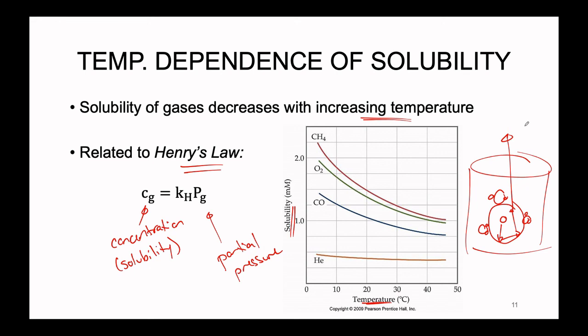And we can think of this in terms of, let's say, for instance, heating a carbonated beverage. If you heat up a carbonated beverage, it's going to go flat faster. And the reason it goes flat faster is because all of the gas inside of the solution is also gaining energy proportional to the increase in temperature and is going to escape the liquid much more easily.